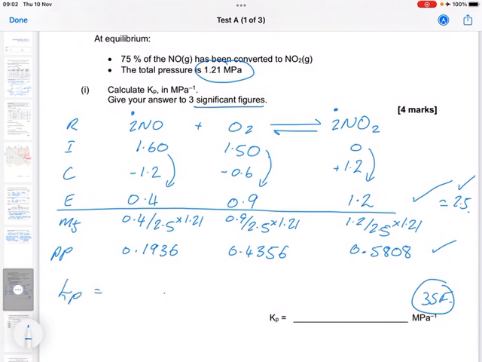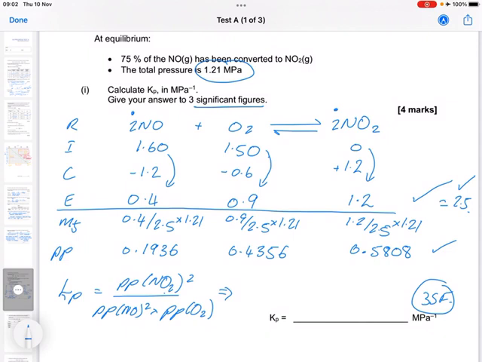So Kp is the partial pressure of NO2 squared over partial pressure of NO squared times the partial pressure of O2.